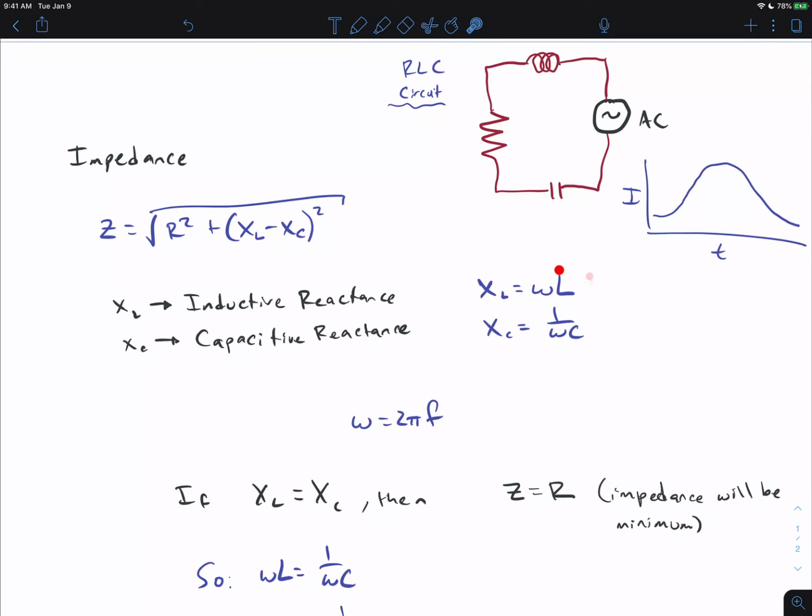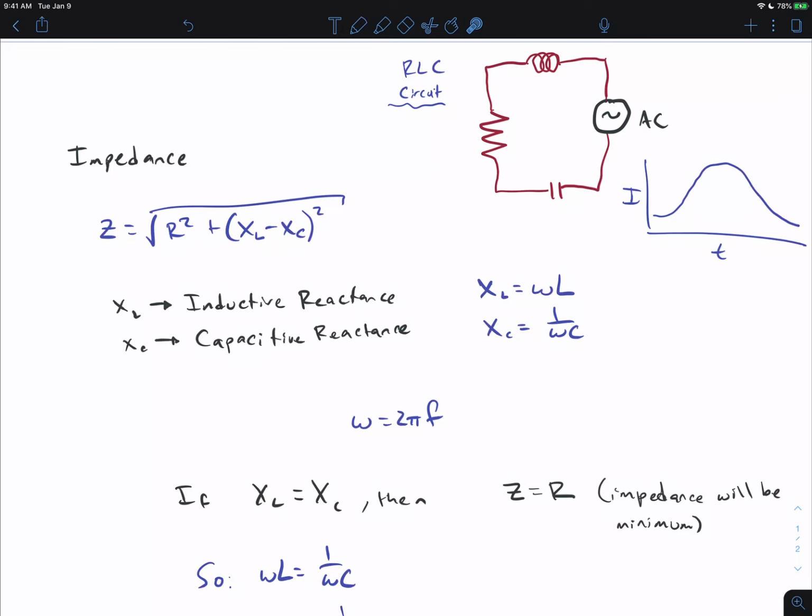And so each one of them is just based on the frequency of current that you put in. Sorry, this will be the angular frequency of current that we put in. And then the magnitude of inductance for my inductor, or 1 over the angular frequency of current multiplied by my capacitance, right? So these are pretty straightforward.